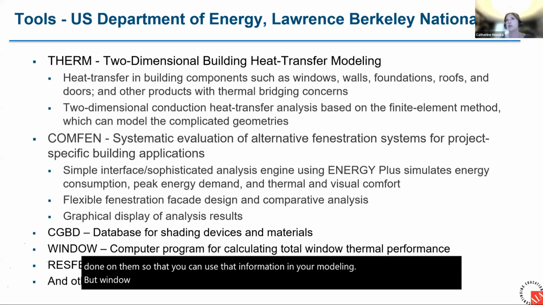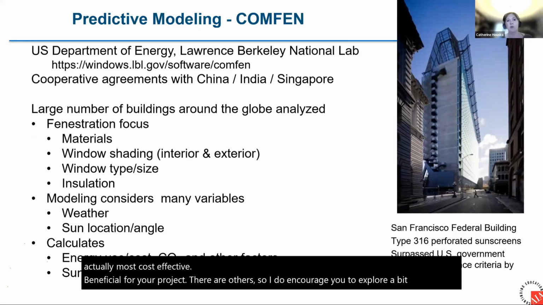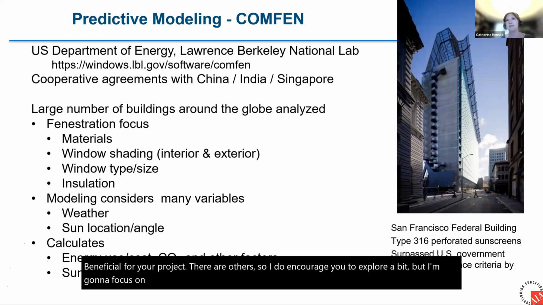Window is for calculating window thermal performance and to help guide you into what is actually most cost effective and beneficial for your project. There are others, so I do encourage you to explore a bit, but I'm going to focus on Comfen, which, as I mentioned, is a very simple interface.